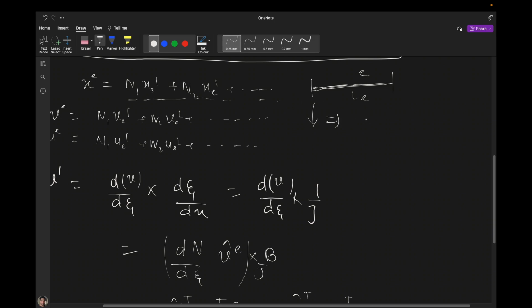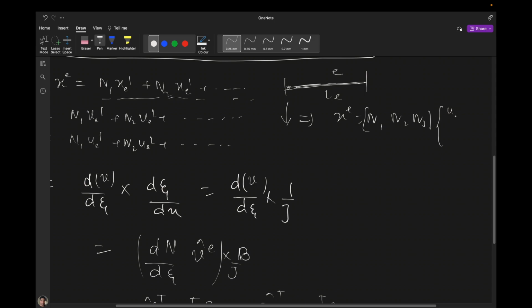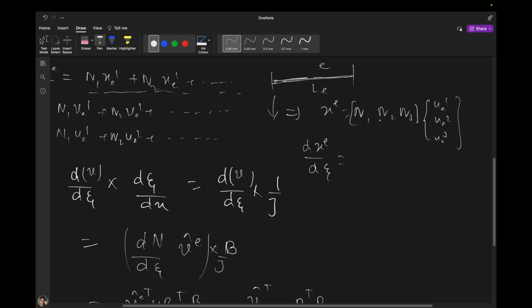So here x e equal to n1 n2 n3, and if it is u e1 u e2 u e3, and when you take the derivative of this with respect to zeta, then this term will become b, and this term will be called this.